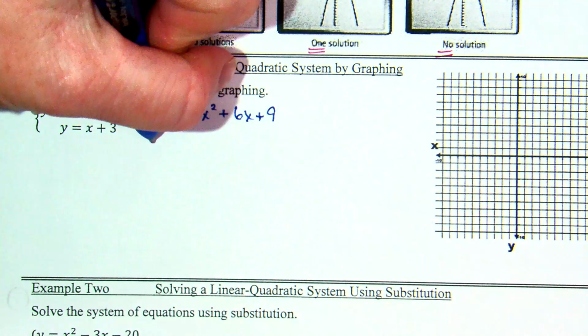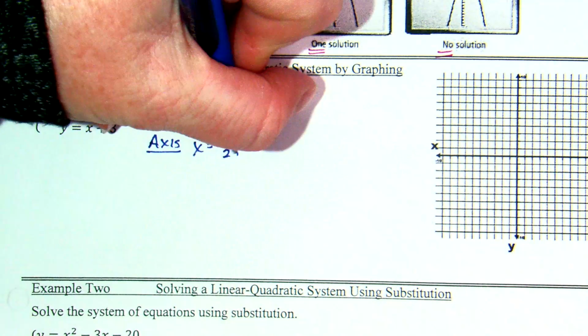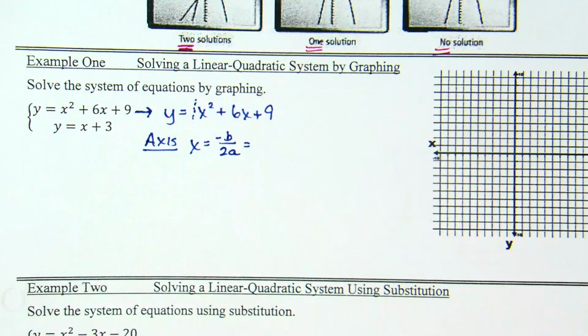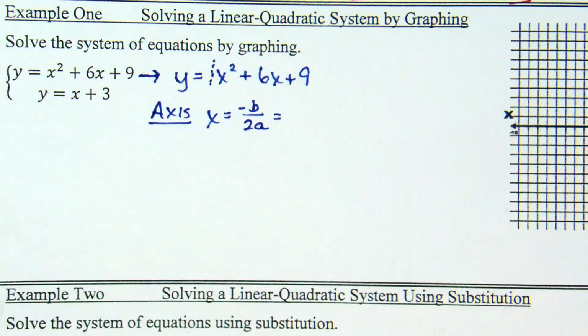Think of this as 1x squared, right? So for your axis of symmetry, this is good review, x equals negative b over 2a. What's negative b over 2a going to be?